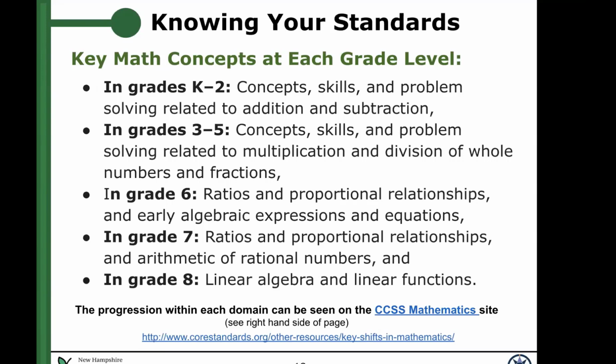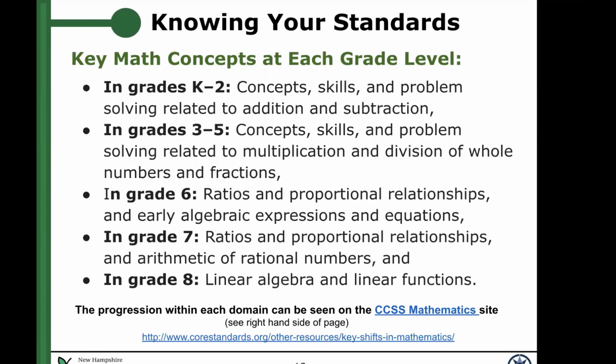So the key concepts at each grade level. In K to 2, their concept skills and problem solving, all related to addition and subtraction. And here in grades 3 to 5, we're building on addition and subtraction and relating to multiplication and division of both whole numbers and fractions.